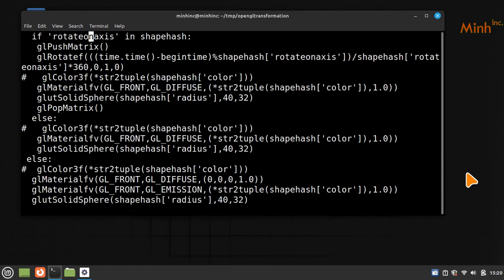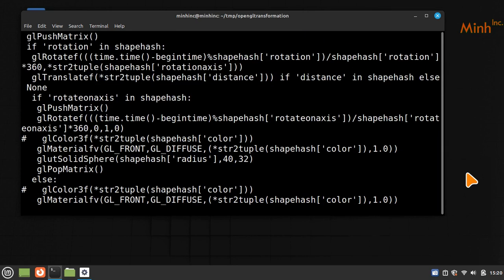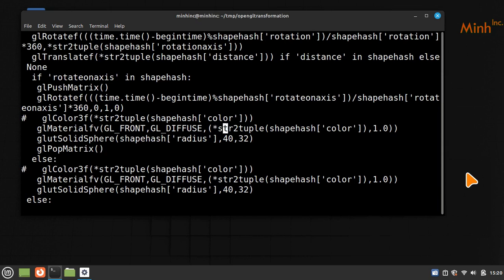Otherwise, in other places color is gone, and material GL_FRONT diffuse, and one more place here and here. Okay, so let's try our luck with the lighting model also.